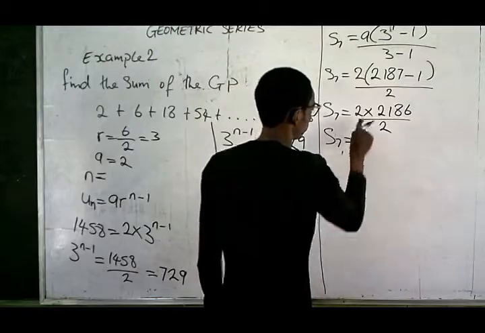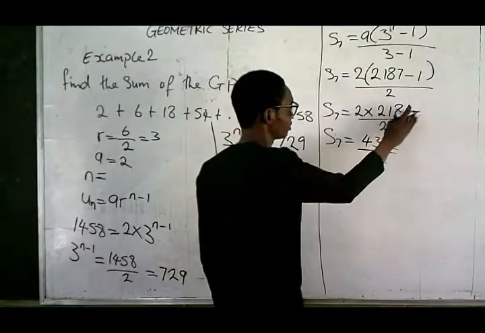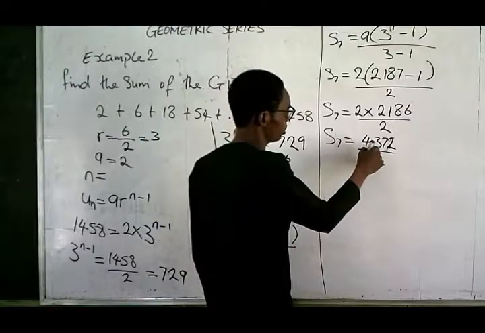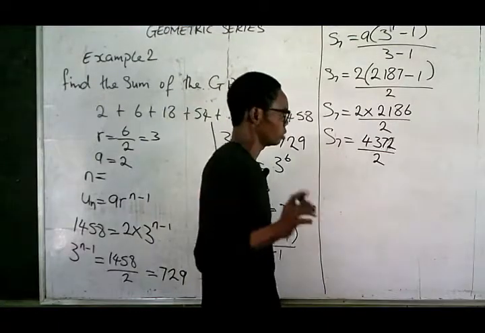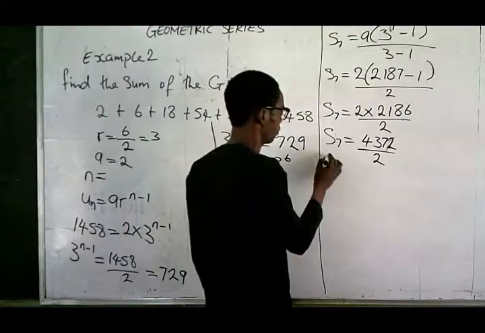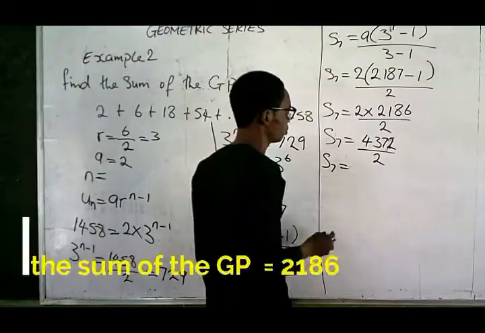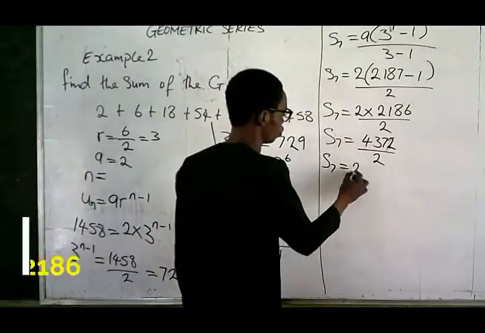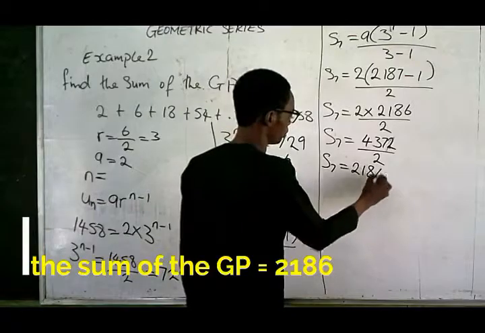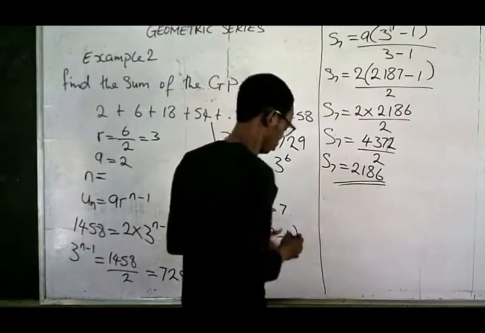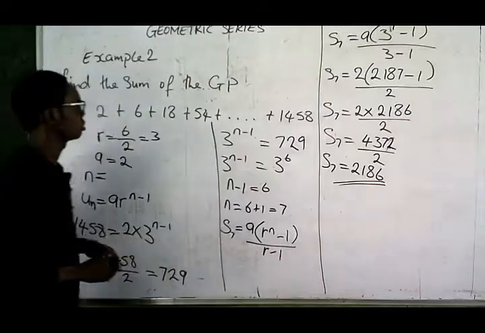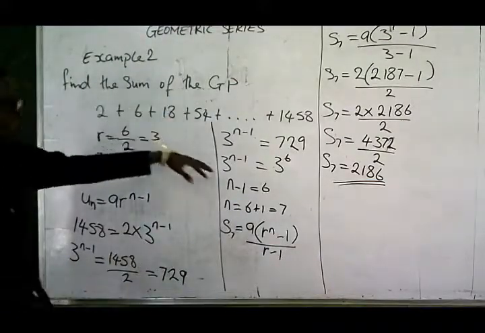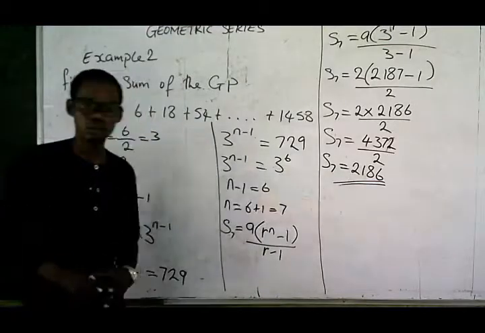S7 equals to 2 times 2186 will give me 4372 using your calculator. Therefore, S7 is equal to 4372 divided by 2, 2186. So, now we know that the sum of this GP is 2186.